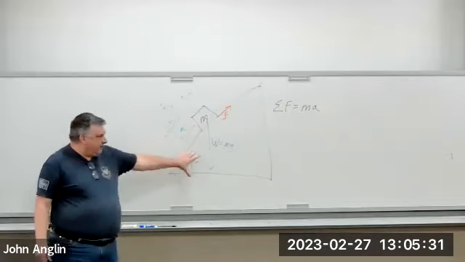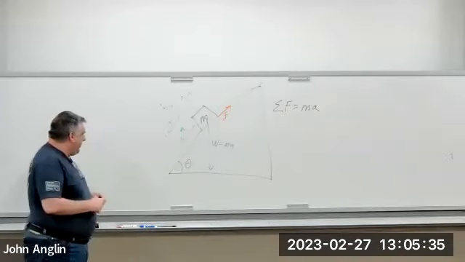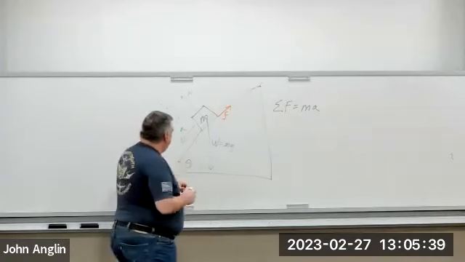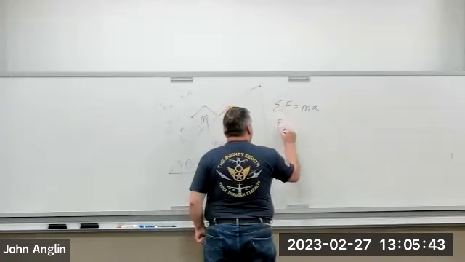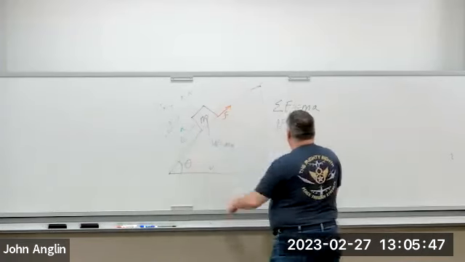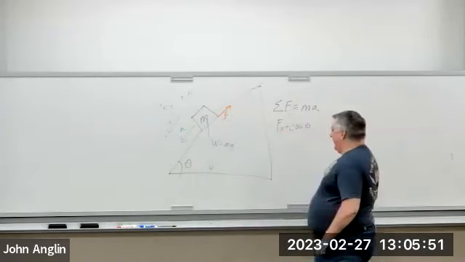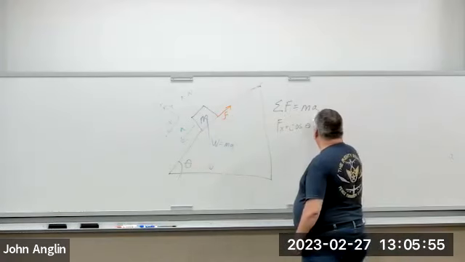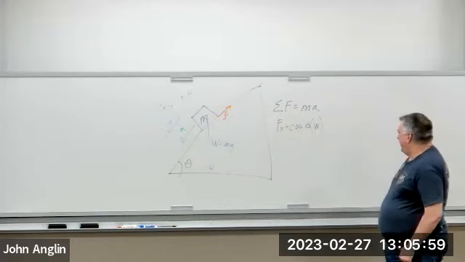So once we've set up this diagram, it's real easy to go through and find some things. Our forces in the x direction generally are going to be related to some function of this angle, which is usually the cosine of the angle times, in this case, wherever the weight is.